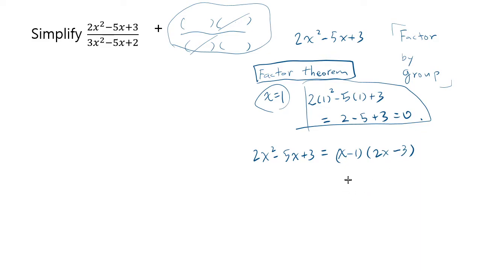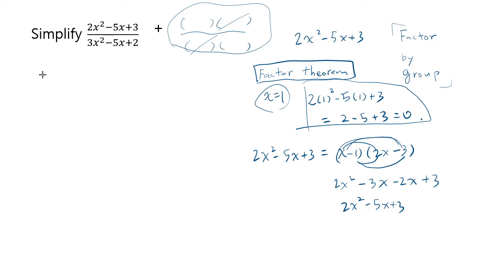Now it remains to check that these two are the same. How do you check? You can FOIL this out, right? x times 2x is 2x squared. x times negative 3 is negative 3x. Negative 1 times 2x is negative 2x. Negative 1 times negative 3 is plus 3. And as you can see, 2x squared minus 5x plus 3 is indeed what you get if you expand it.